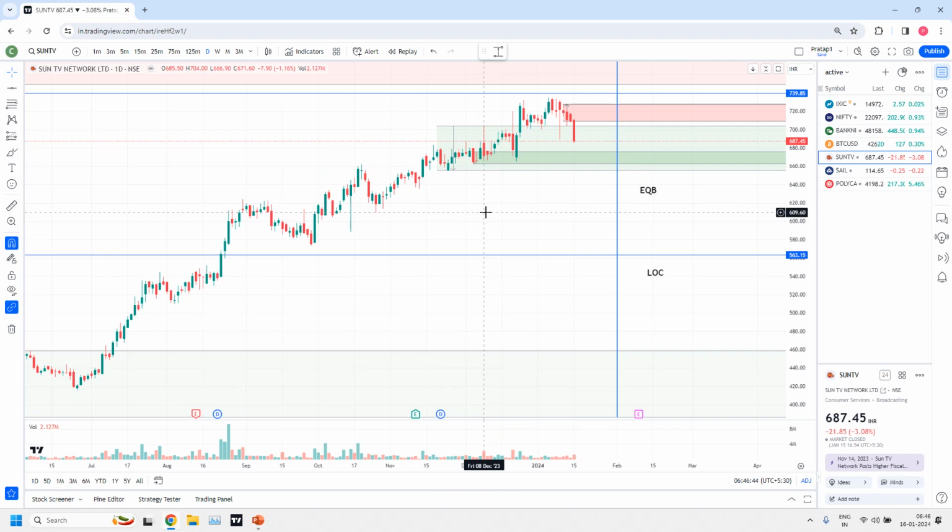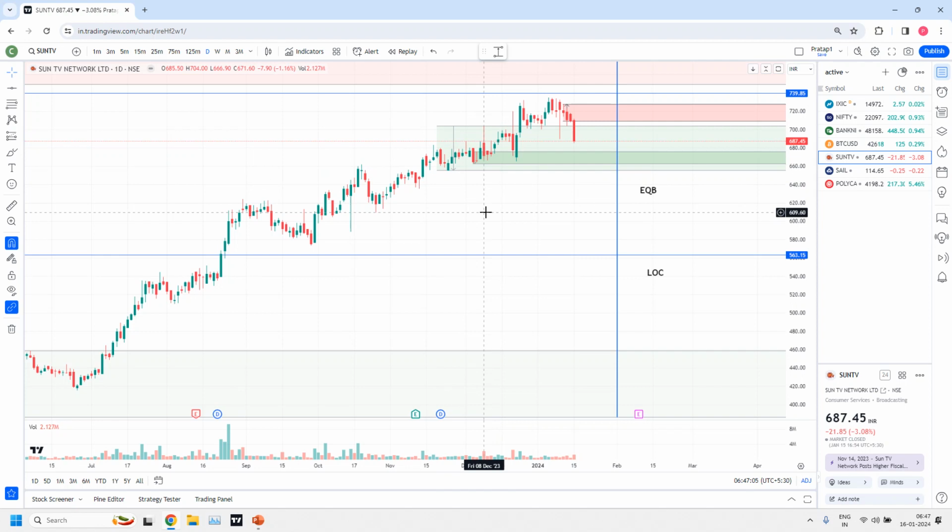So the answer is no. It is not a level on the top of the level. It is not the LOTL concept. I clearly told you when I explained the LOTL, the LOTL concept should be applied to zones within the same time frame.